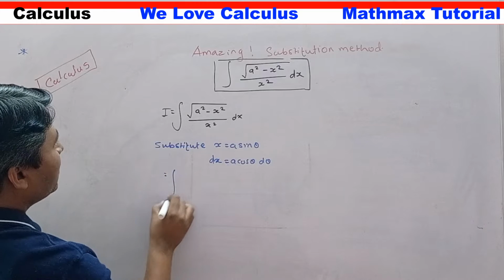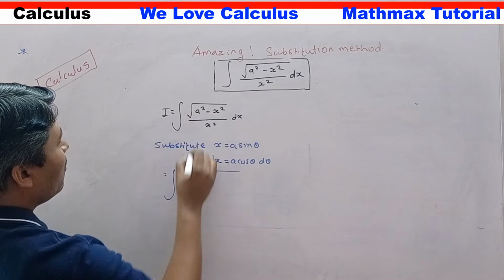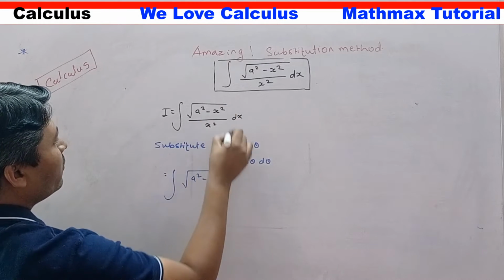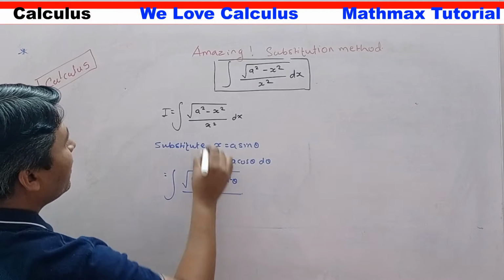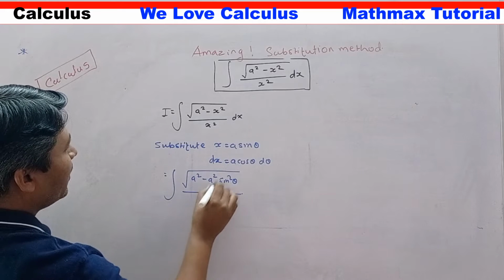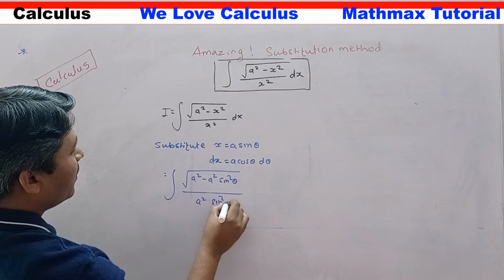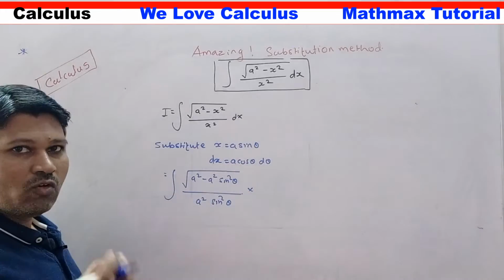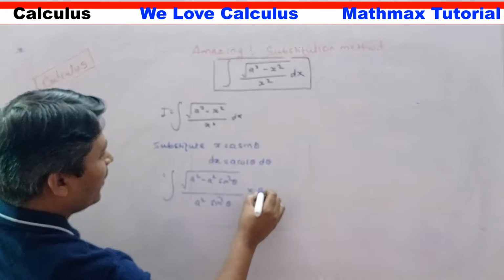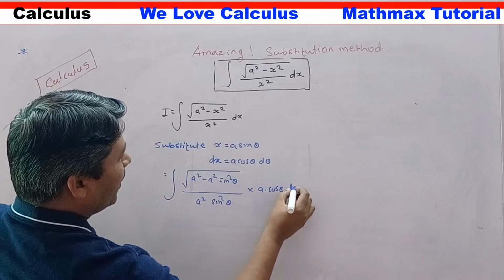Then we can write it in simplification form: a squared minus x squared, that means a squared times sin squared theta, divided by x squared, that means a squared into sin squared theta, and into dx, we have the value a cos theta d theta.